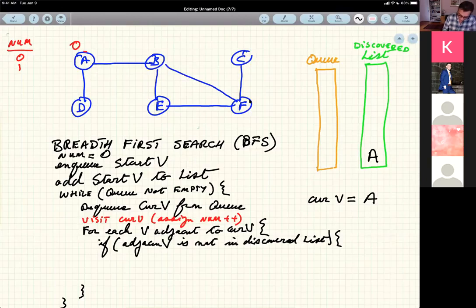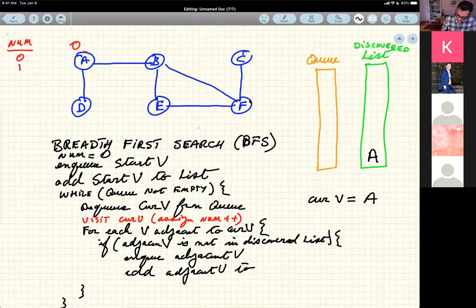If it is not in the discovered list, enqueue the adjacent vertex, and add the adjacent vertex to the discovered list.